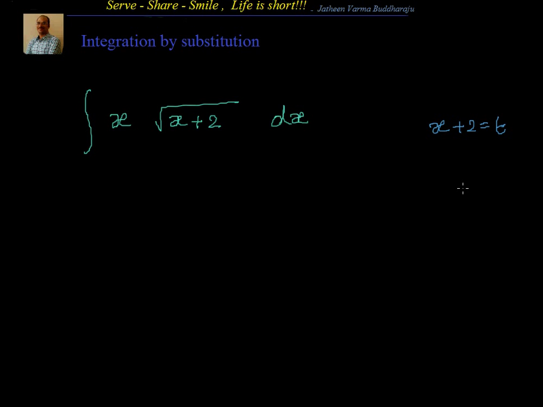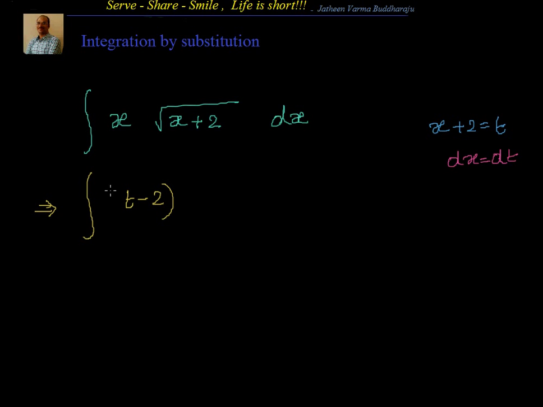Now what happens if I take x plus 2 is equal to t, then I will have dx is equal to dt. That means my next step will be, I'll go back and say integral of, what is the value of x? X is t minus 2.